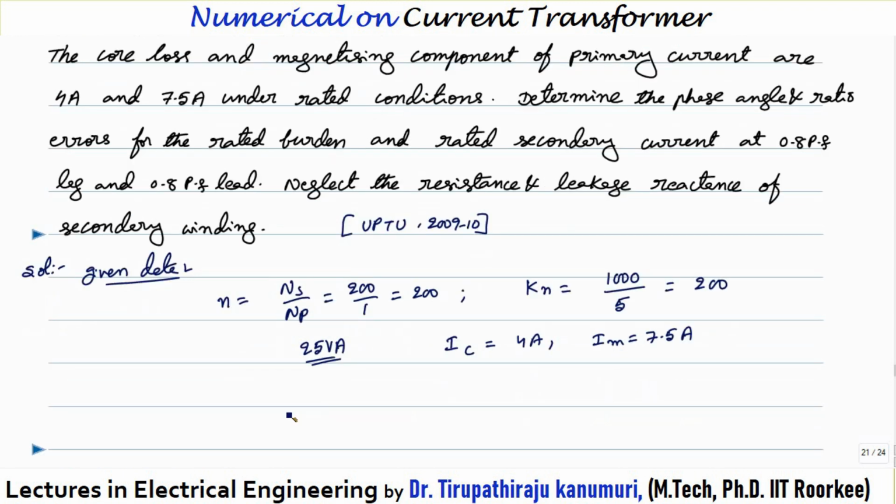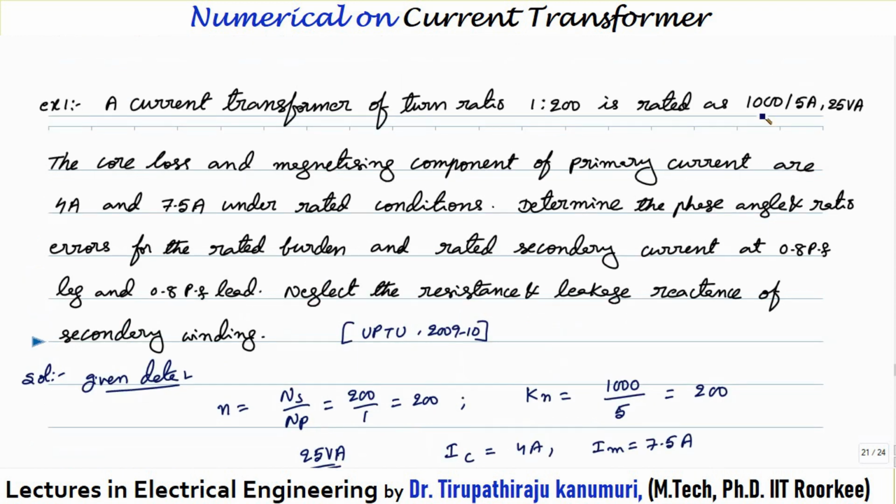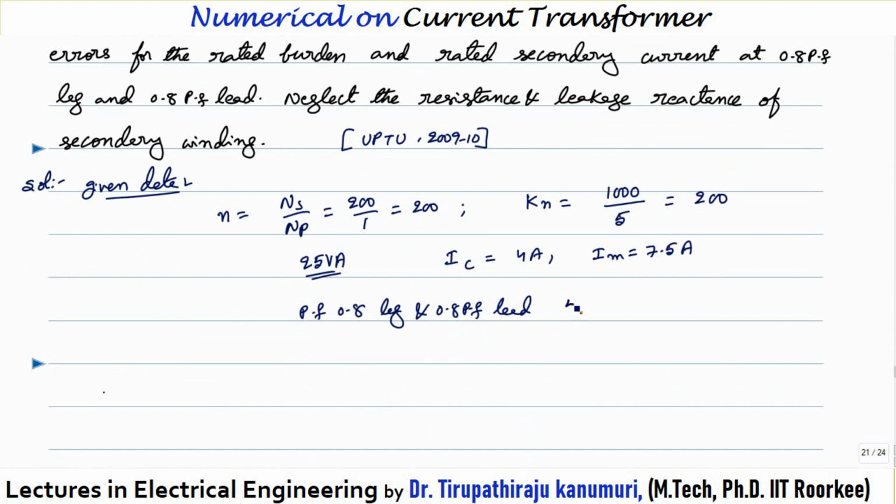Determine the phase angle and ratio error for the rated burden and rated secondary current at 0.8 power factor. Two cases are given, 0.8 power factor lag and 0.8 power factor lead. Rated current means the secondary current. The rated primary by secondary current is 1000 by 5, so you have to take it as 5 amperes. So 5 amperes is my secondary current.